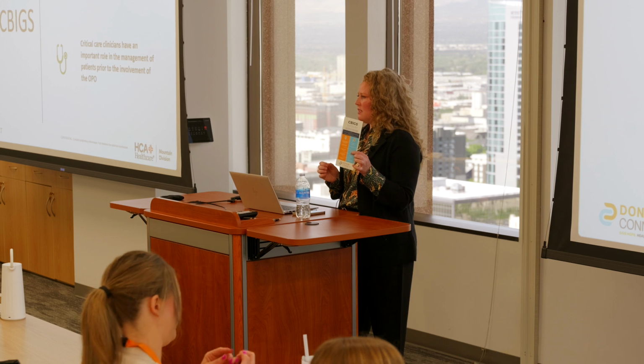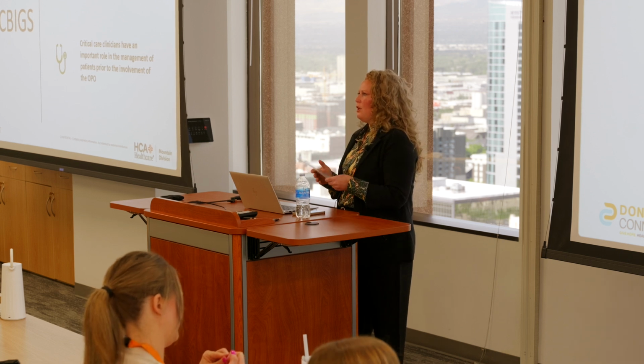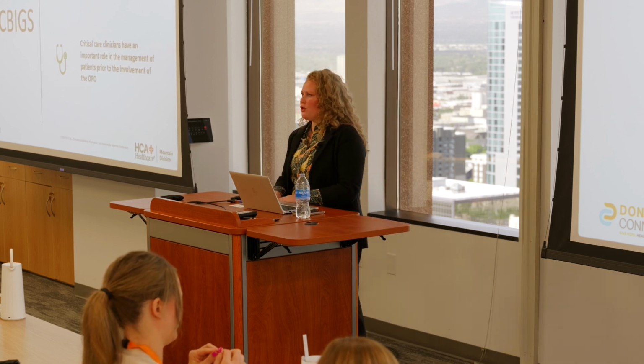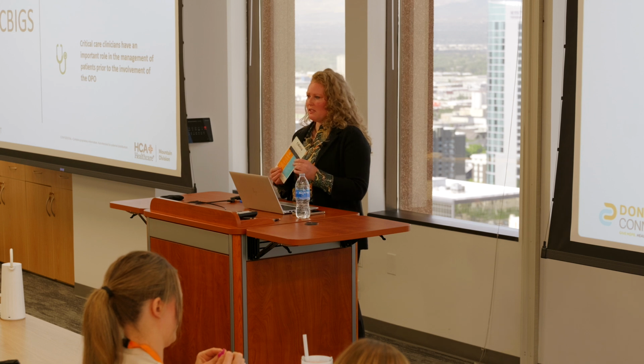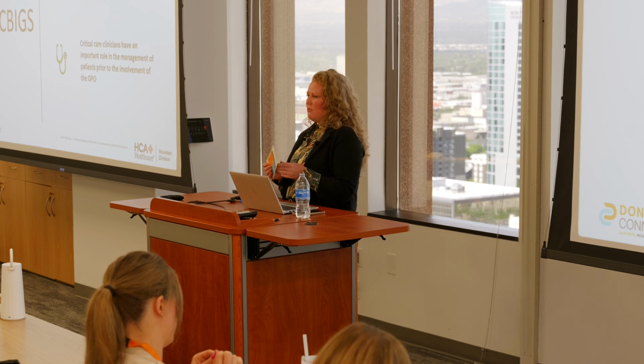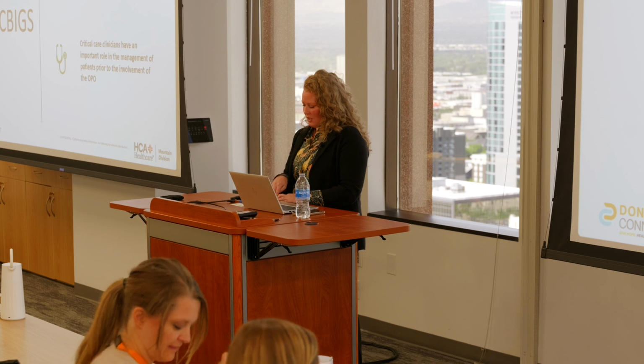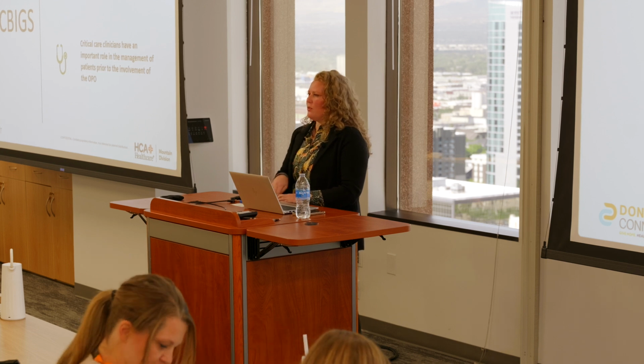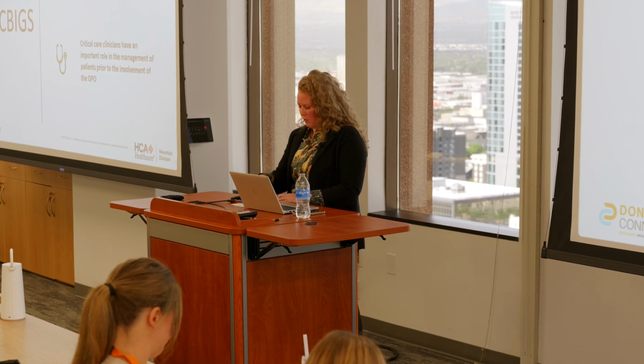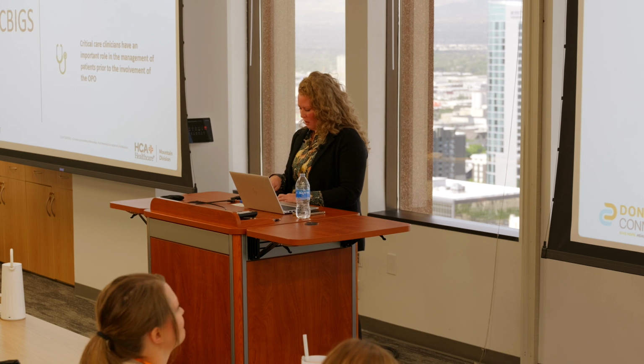One thing that we've passed out is this CBIGs card. For those catastrophic brain injuries, there are CBIGs, or catastrophic brain injury guidelines, which you may or may not be familiar with. And on the left-hand side, it talks about what the goals are, the things that we're trying to accomplish, and what the parameters are that go along with that.